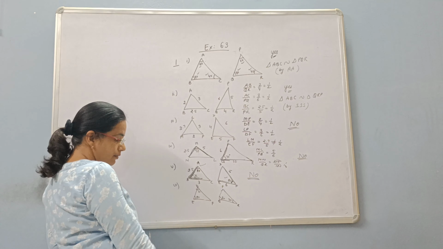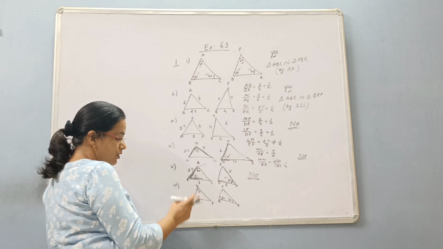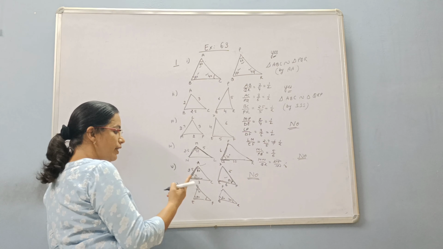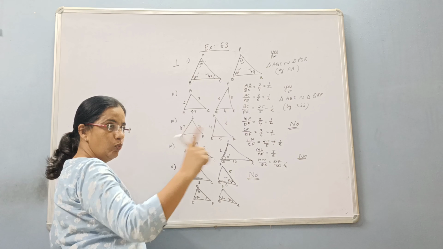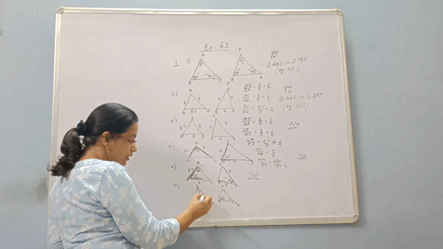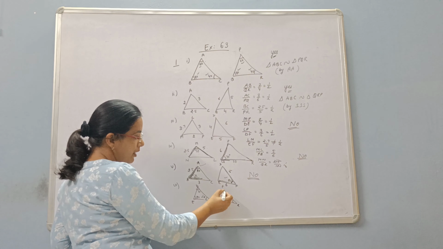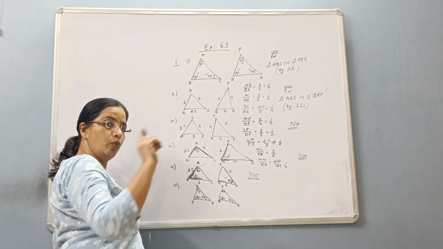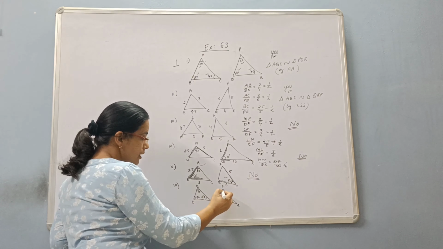Now in the last part, part 6. Angle D is given, angle E is given. So first of all, let's find the angle F by angle sum property. 70 plus 80, 150. 180 minus 150, 30 degree. In the same way, let's find angle P. 80 plus 30, 110. 180 minus 110, 70.